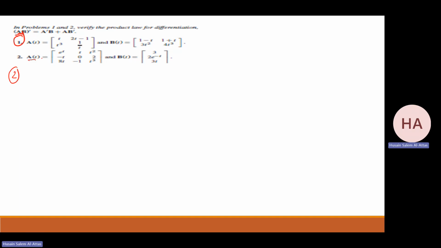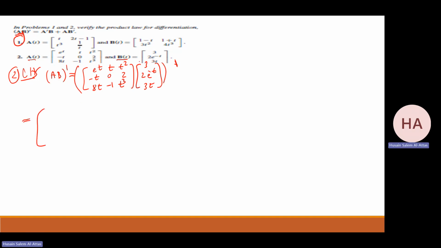So I have A times B, left-hand side, I have AB all prime. That will be what? t squared minus t, be careful, 8t minus 1t cubed, times B. This is e^t minus t. This is 3t. That gives me what? All prime. That gives me this one times this.